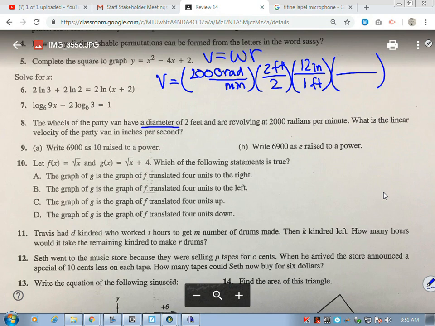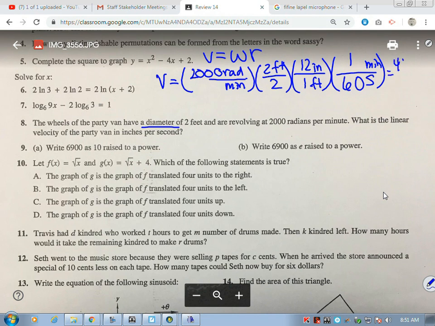And because we want this in per second, we're in minutes, right? We're going to put our minutes up here because our minutes are down there. We're going to put our seconds down here. 1 minute is 60 seconds. So we're going to take 2,000 times 2 times 12 divided by 2 times 60. 48,000 over.